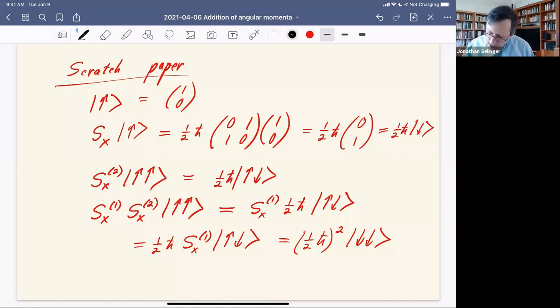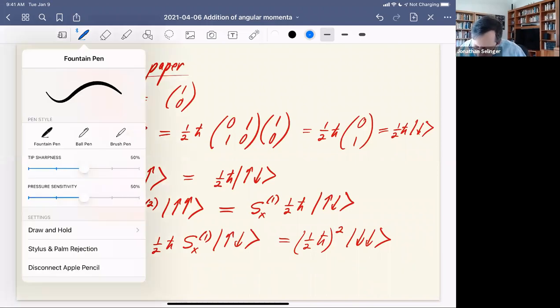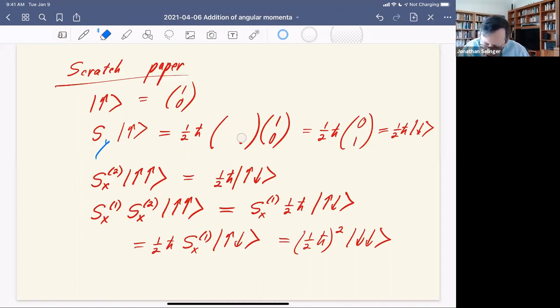So what if we want Sy acting on this state? This is the same kind of thing, but we have a different 2x2 matrix. The 2x2 matrix is a half h bar times 0, minus i, i, 0. Now if we do this matrix multiplication, what do we get?